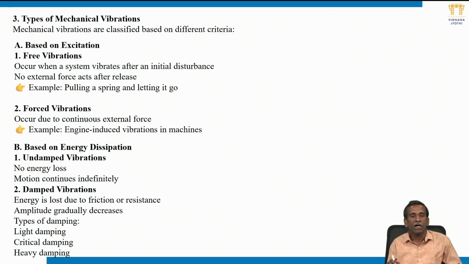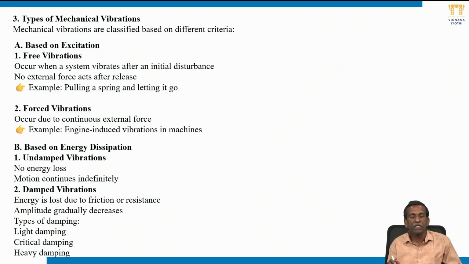Undamped means no external agency is contributing to stopping the oscillatory motion, so the motion continues indefinitely. With damped vibrations, an external agency absorbs energy and stops the oscillatory motion, so the amplitude gradually decreases and the motion stops.